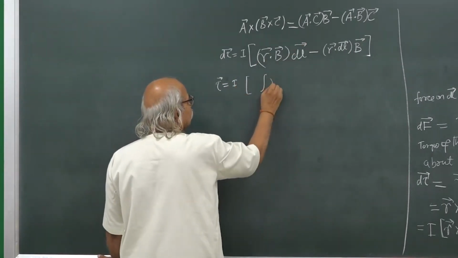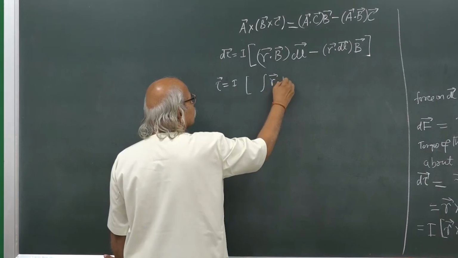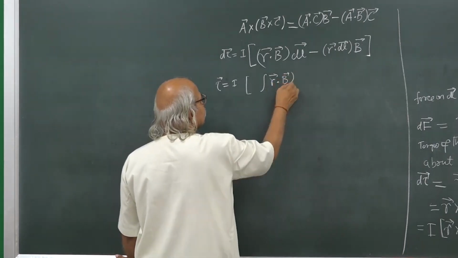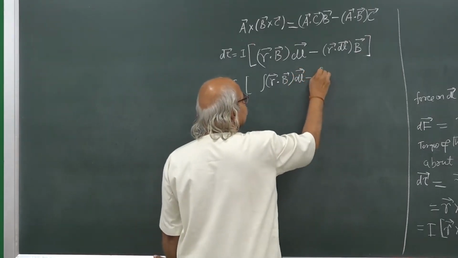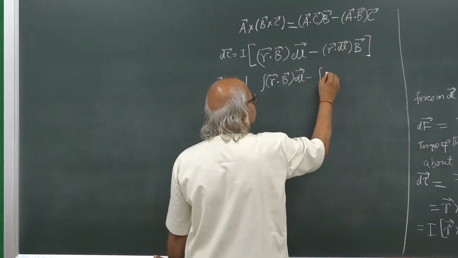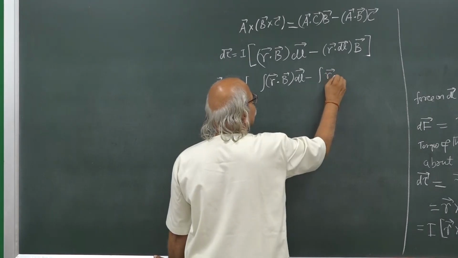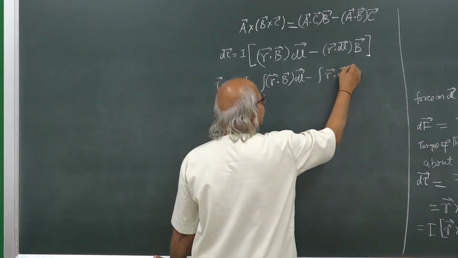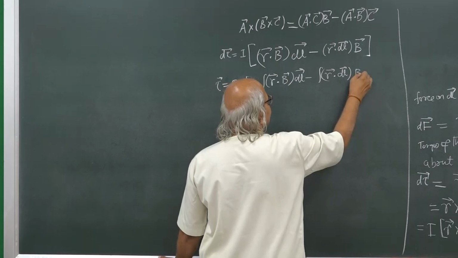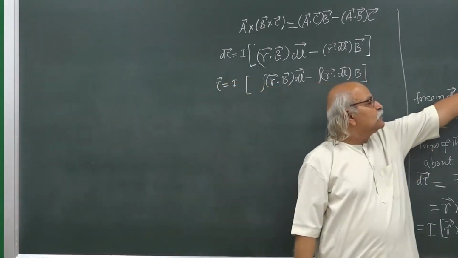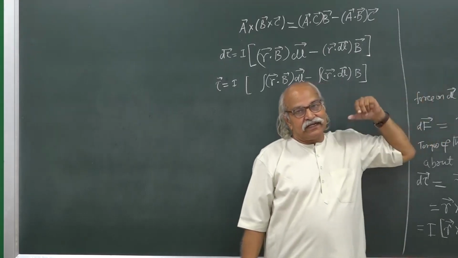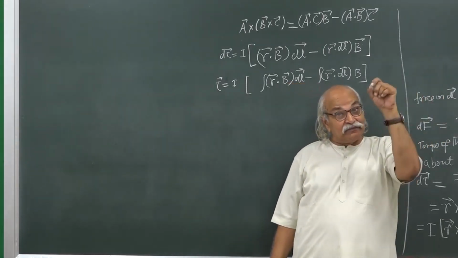So, integration of r dot b and then dl here, and then minus integration of r dot dl here, and then b here. And remember, we are talking of a closed loop. So, this integration does not have a lower limit and an upper limit.